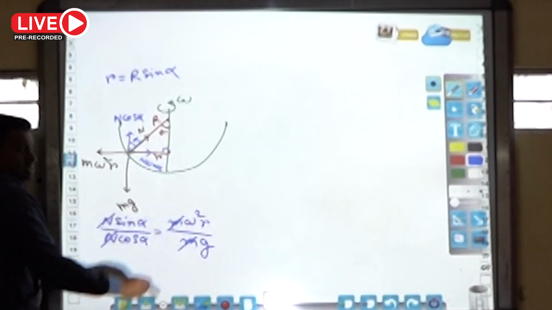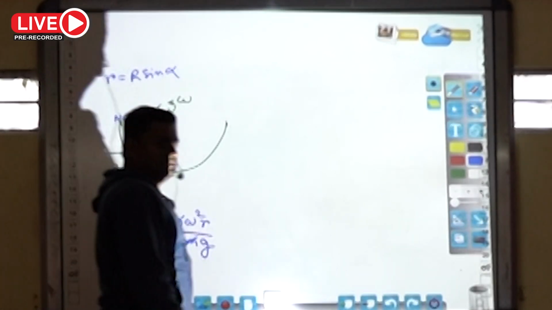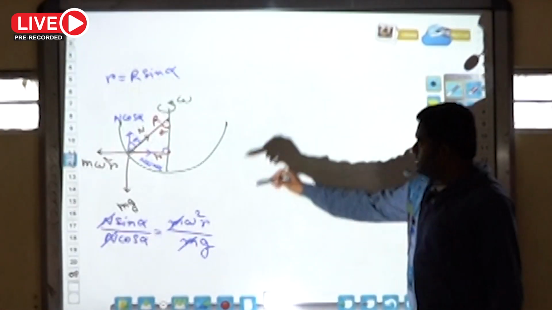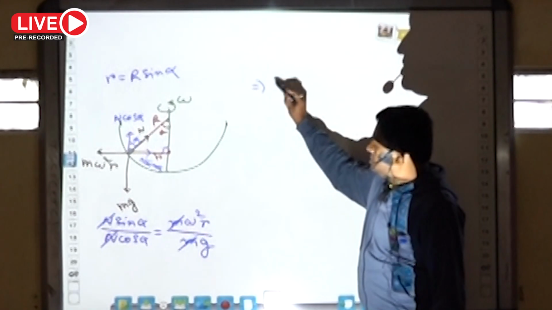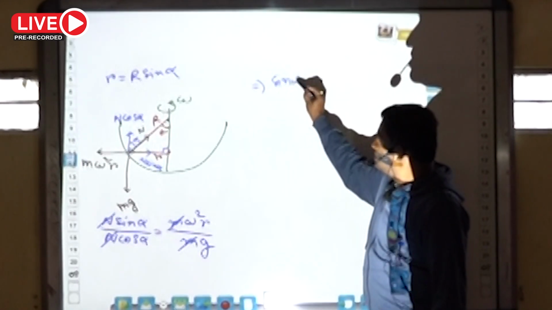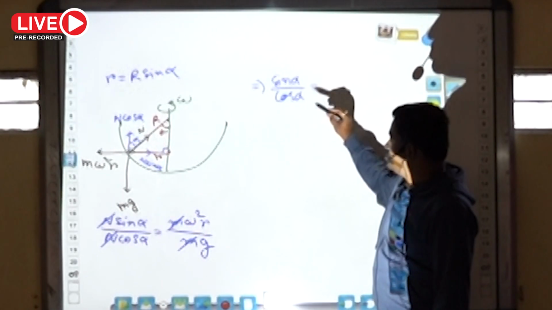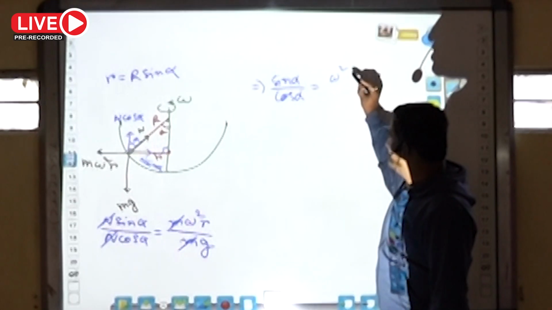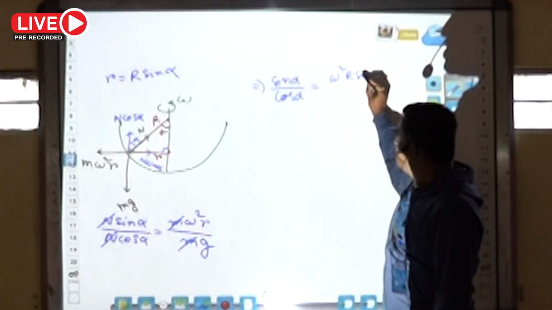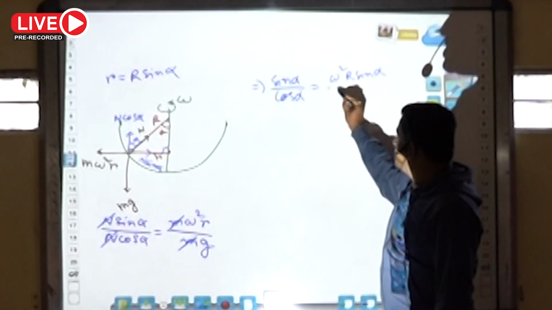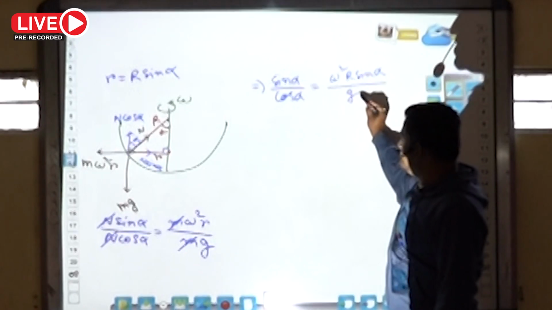Substituting, sin alpha by cos alpha equals omega square capital R sin alpha divided by g.